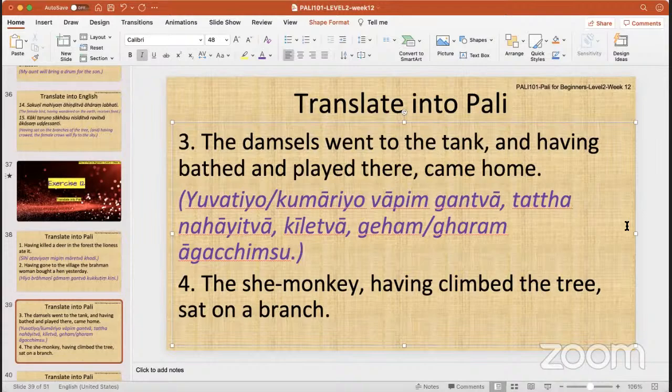Sometimes you can even try that. Bhante, how many ca should we add if we want to add? Yuvatiyo vapim gantva, tatha nahetva ca, kiletva ca, gharam or geham agachimsu. Yes, we can have two.